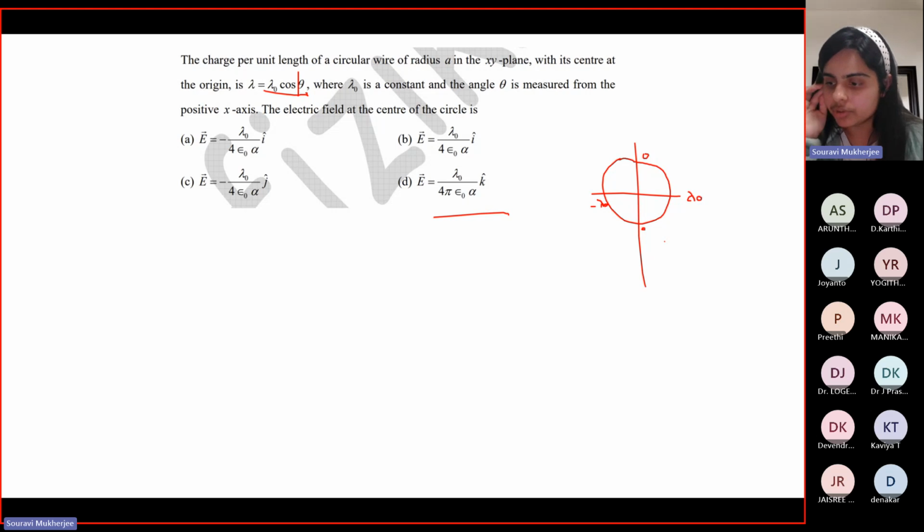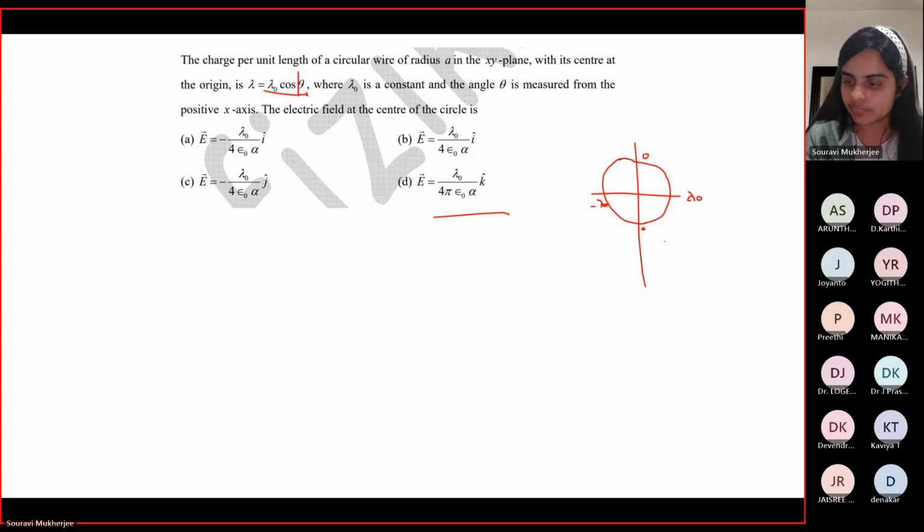Now looking at it, think how the field should be. It's a charged wire. You have charges distributed over the wire. Based on the angle, you have different charges. Okay. Think about the symmetry in the problem and how the electric field lines should look.